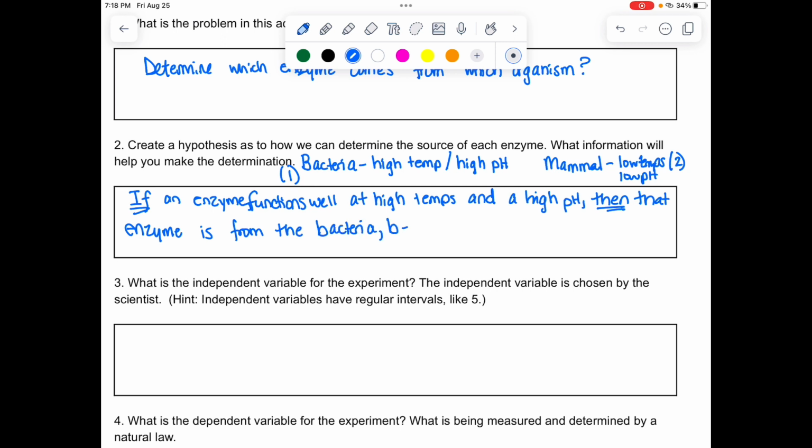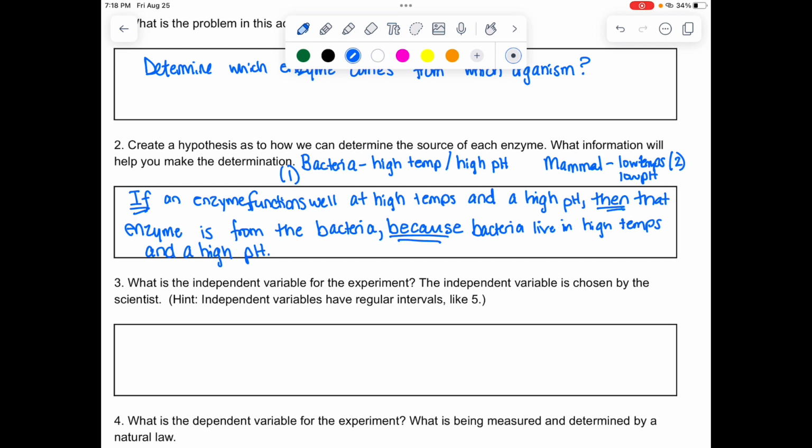Then we need a because, bacteria live in high temperatures and a high pH. So notice how my hypothesis has an if, then, and a because.